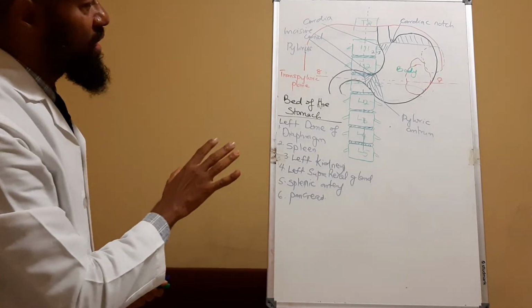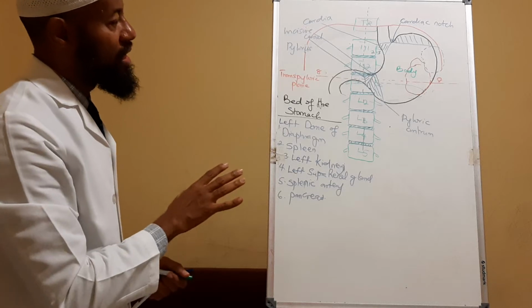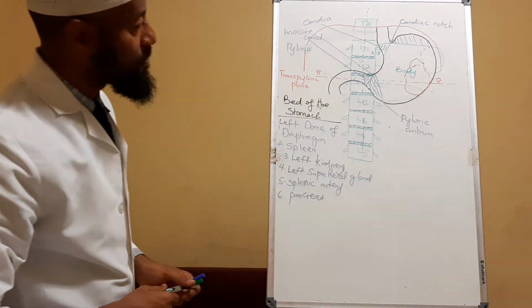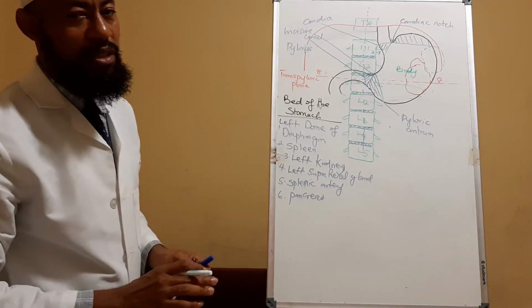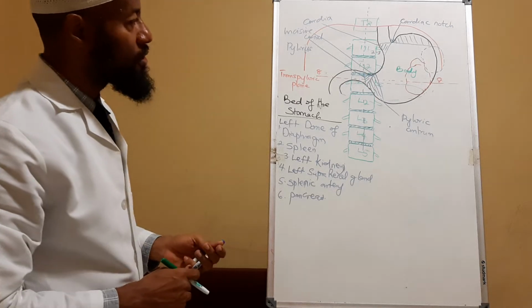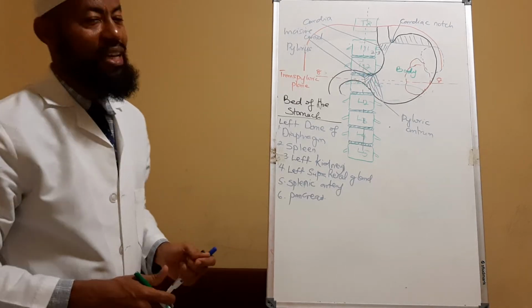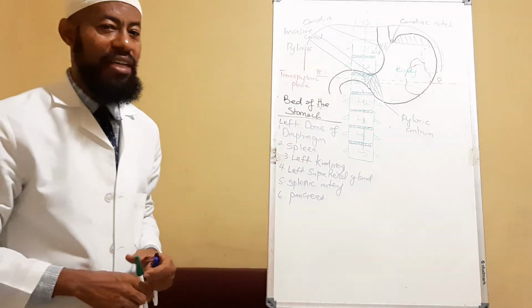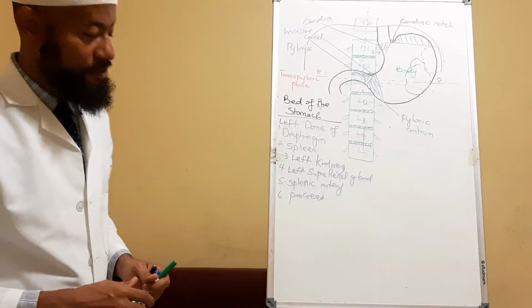Now, having seen this, it's important that we lay out. It looks a little bit rough, but I still don't want to wipe this out, because I also want to represent the arterial supply of the stomach, as well as the esophagus.